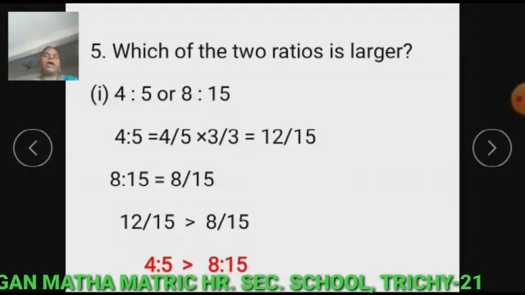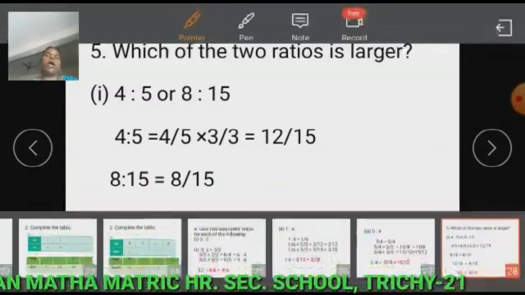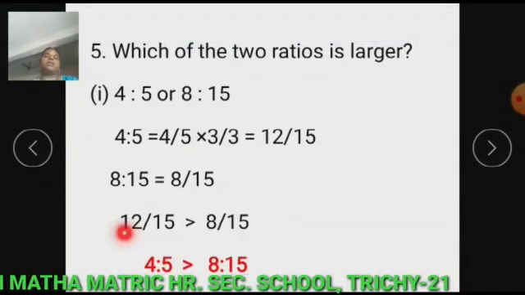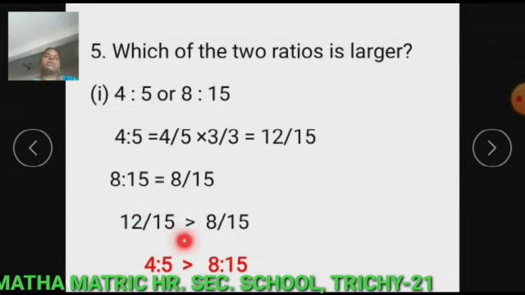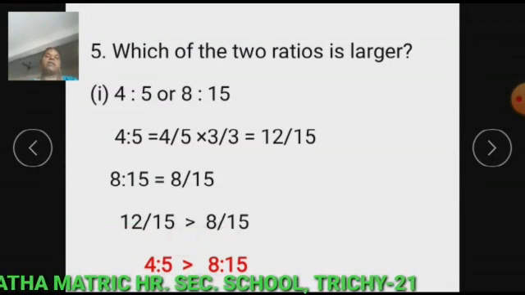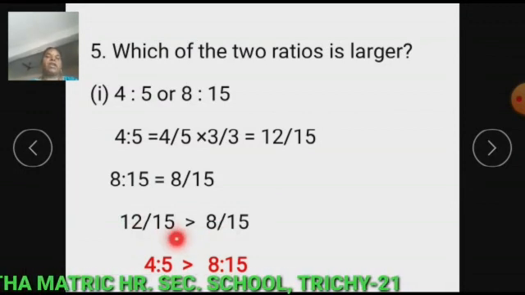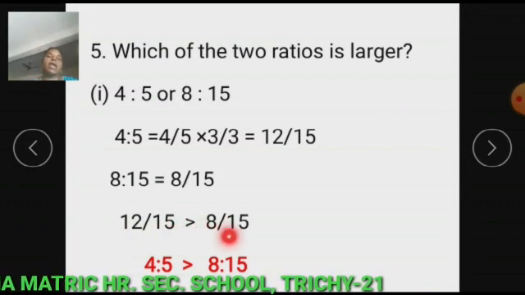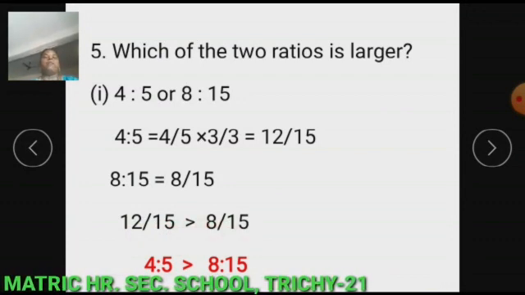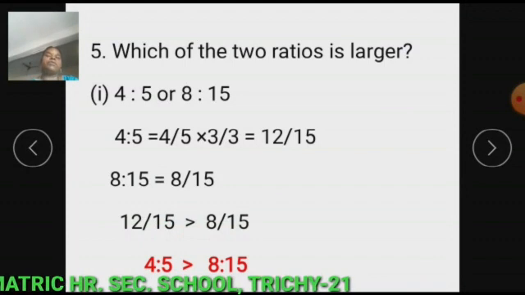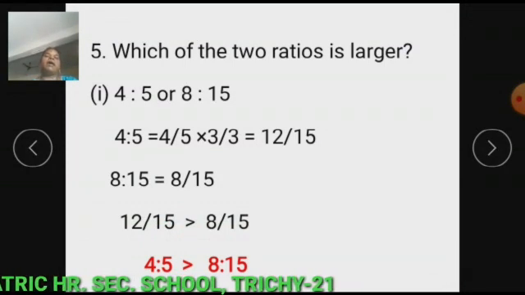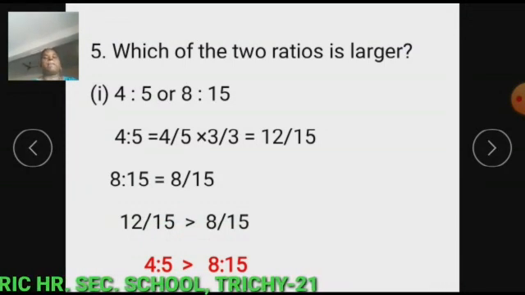Now compare the numerators 12 and 8. 12 is greater than 8. So 12/15 is larger than 8/15. From this 4:5 is greater than 8:15.